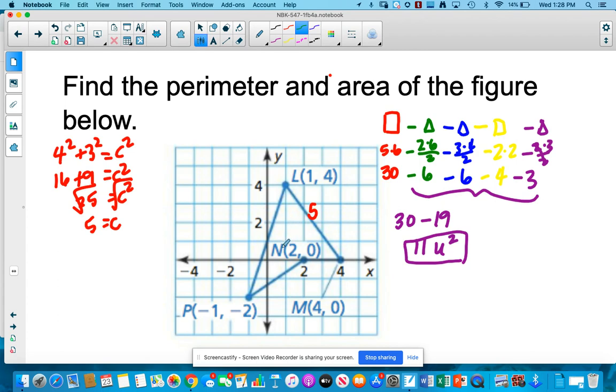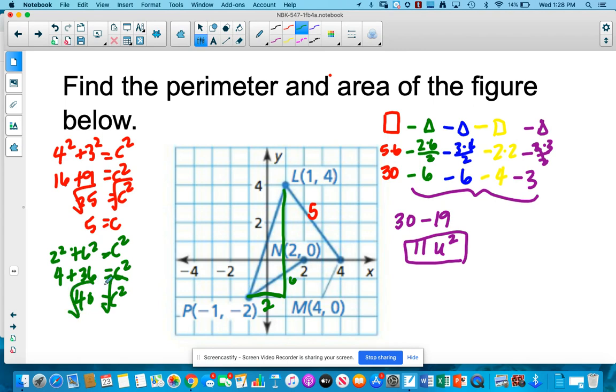Then I'm going to come back in. If I'm looking at this LP, I'm going to draw my line straight down, draw it over, and I know it is a 2 by 6. So I'm going to say 2 squared plus 6 squared equals c squared. So 2 squared is 4, 6 squared is 36. 36 plus 4 gives you 40.